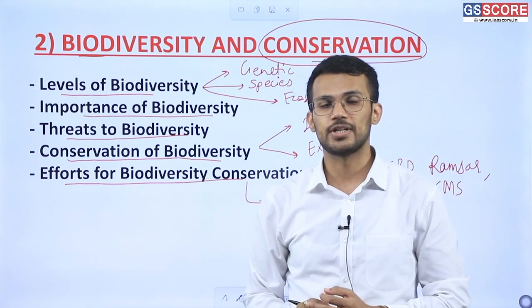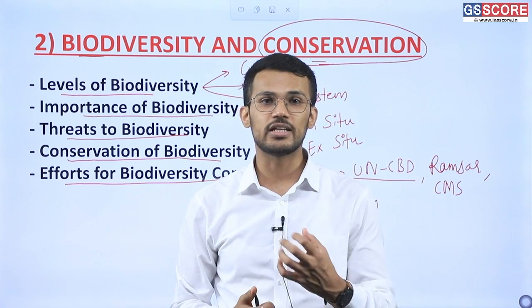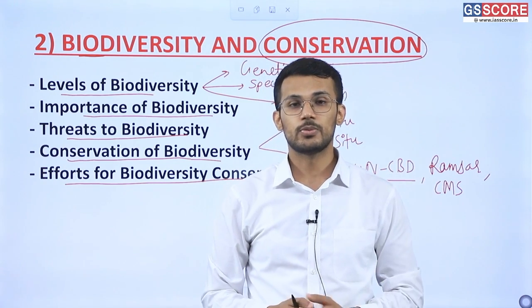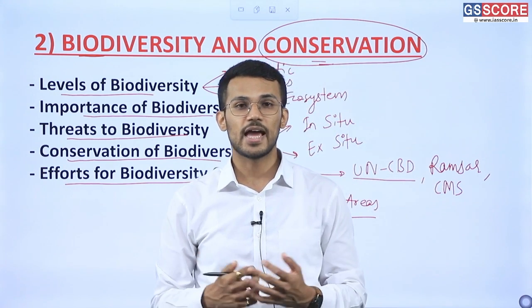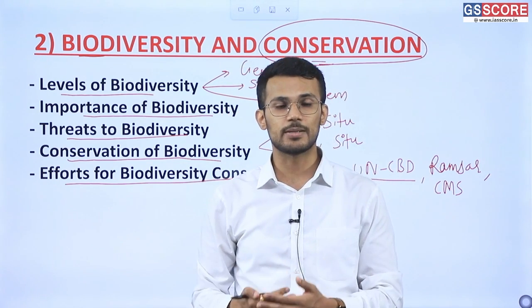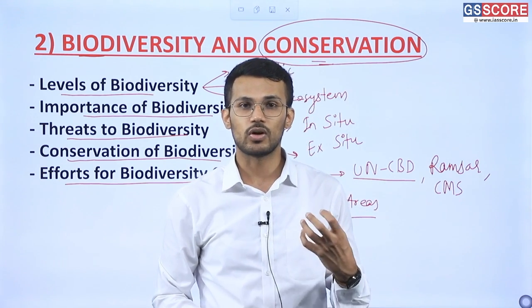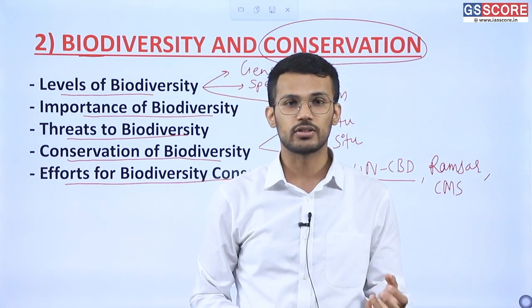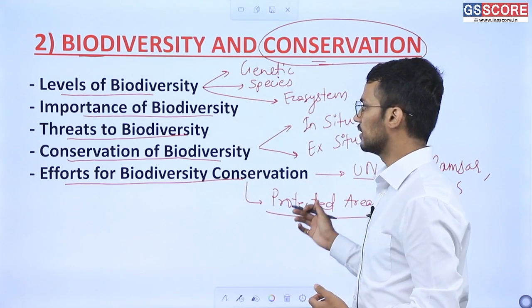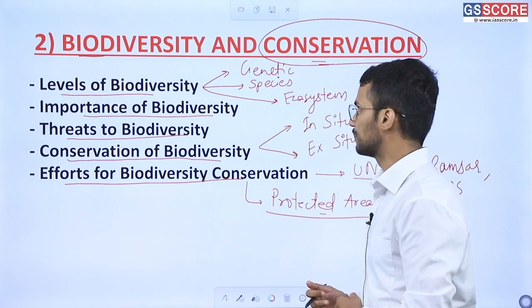Apart from creation of protected areas, we have also started some species-centric initiatives. For example, Project Tiger, Project Elephant, Project Snow Leopard, then there is an action plan for the conservation of vultures. So all these important steps have been taken to make sure that species which have got threatened because of human action are restored, right? So all these are the efforts that we will be studying under biodiversity and conservation.